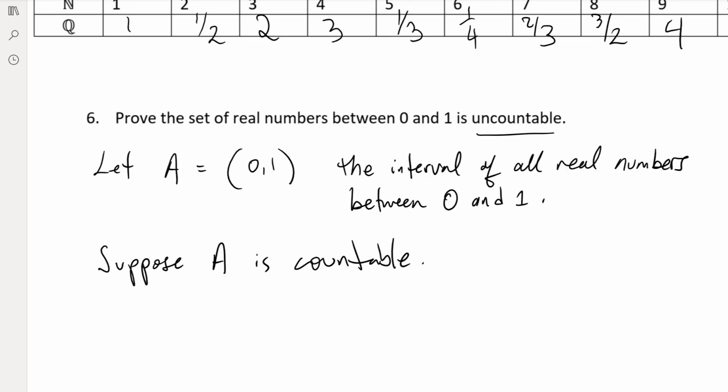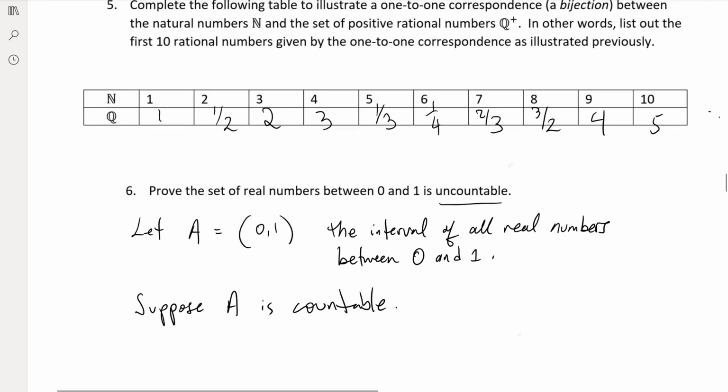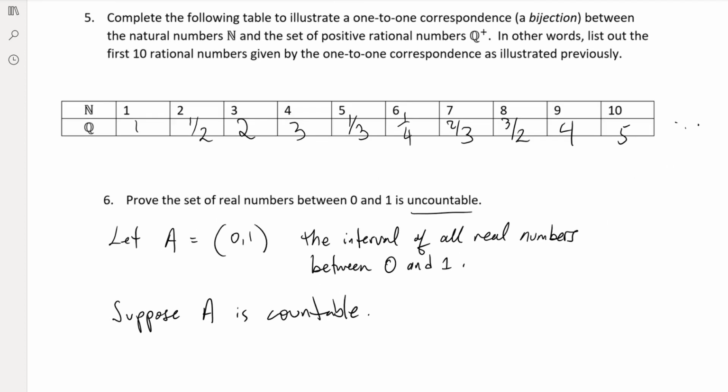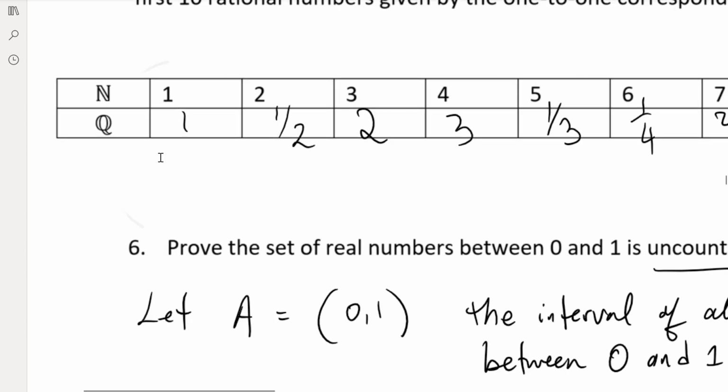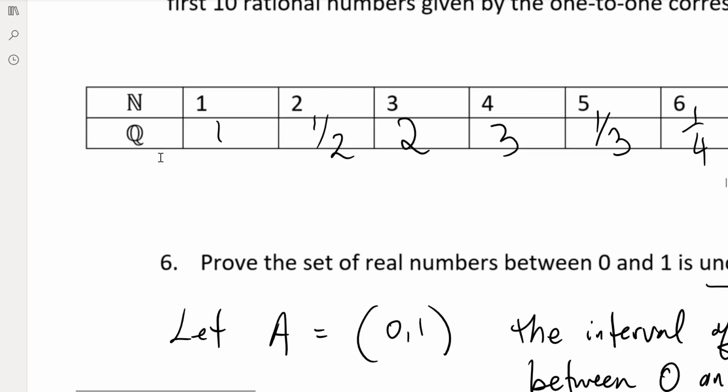Right? So if we first suppose that A was countable, what I'm talking about is that you could do something just like we did back there in number 5, where you could form a one-to-one correspondence between the naturals and the set A, like I did with the naturals and the set Q here. The first element, the second, the third, I can match them up. Every value in the natural numbers matched up to an element of the set Q plus, actually, which is the positive rationals.